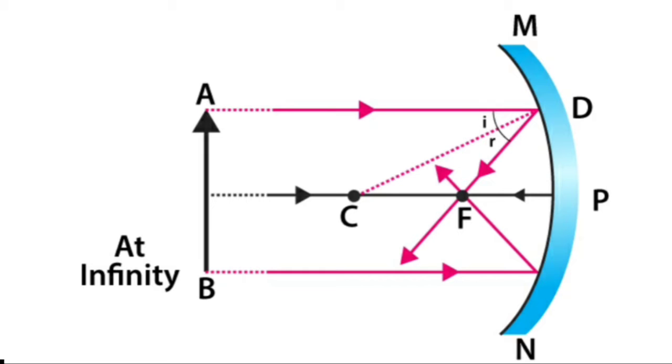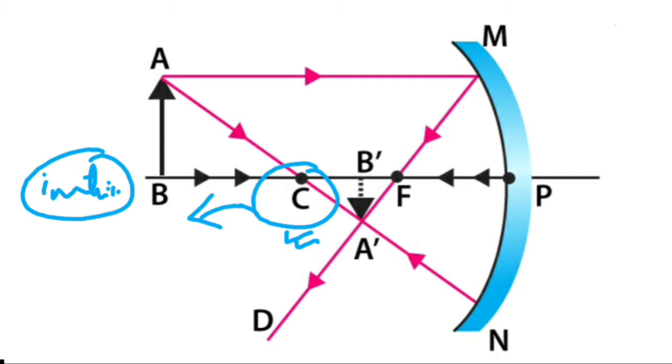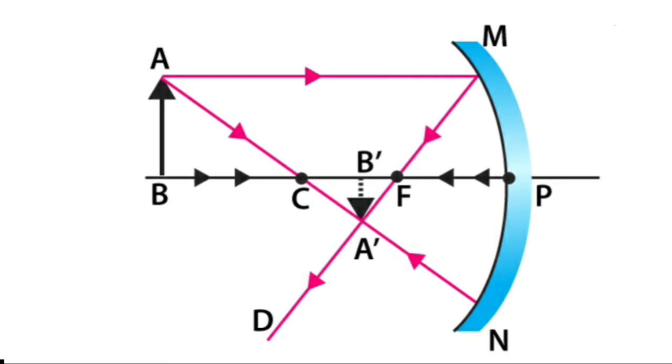Next, the position of the object is beyond C, the center of curvature. That means the object is now between infinity and the center of curvature. Again we consider two rays, 1 and 2.